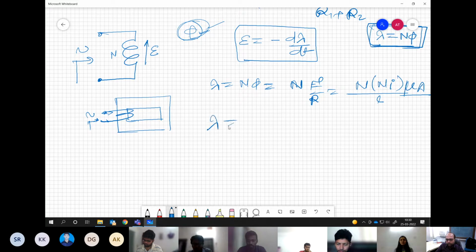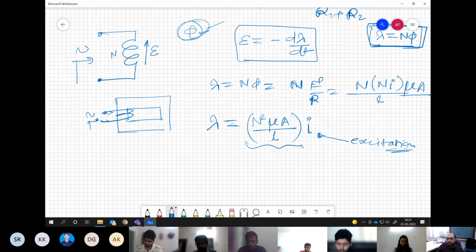Now this flux linkage that we are writing, we can basically divide into two parts. One is only associated with the circuit, and the other part is related to the excitation. The current is our excitation which is going into the coil, whereas the other part is only the circuit or system property: number of turns, the permeability of the material, area, length.